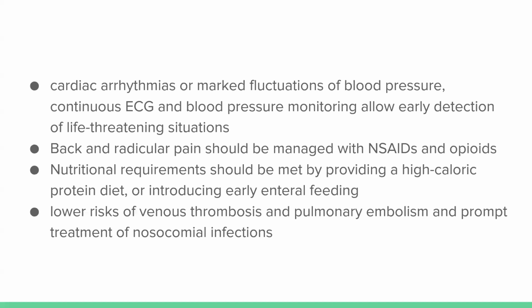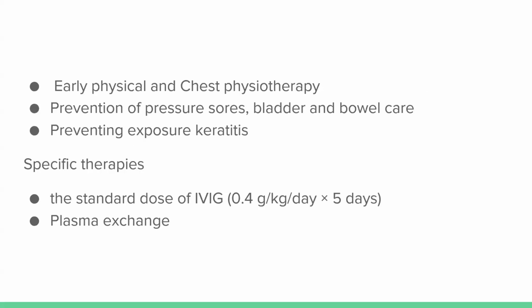Pain should be treated as well. General supportive care like nutrition, preventing DVT and pulmonary embolism, and prompt treatment of nosocomial infections is mandatory. Instituting early physiotherapy, preventing pressure sores, bladder and bowel care, and preventing exposure keratitis is routine practice.